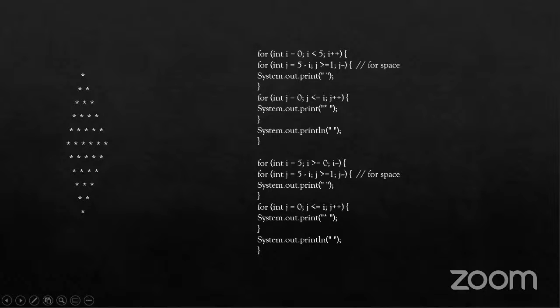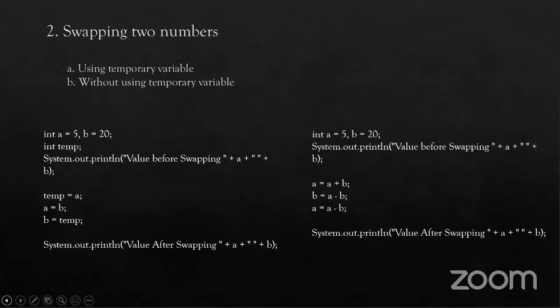And in the second loop we need to give the space, where we print a space. The condition is the same as above: J equal to 5 minus I, that is the total number of columns minus I, and J greater than or equal to 1, J minus minus. And we will print the space.